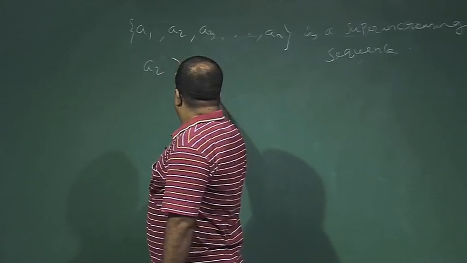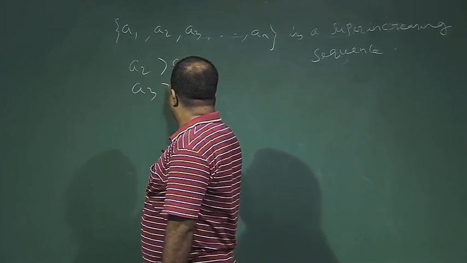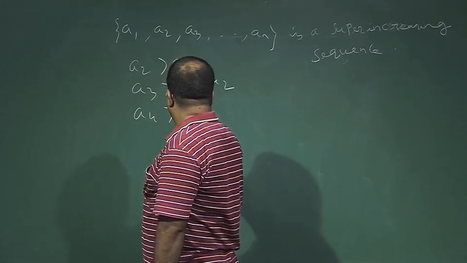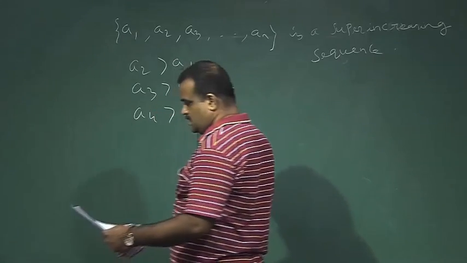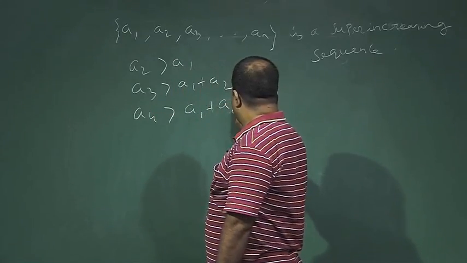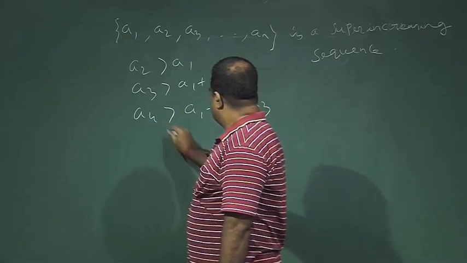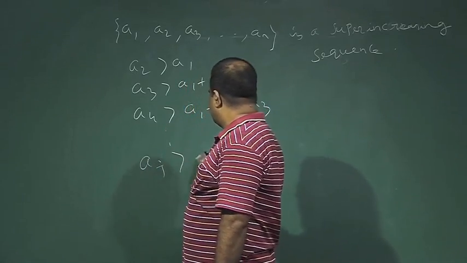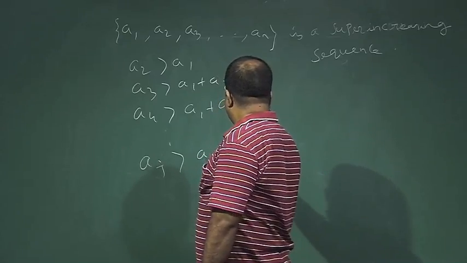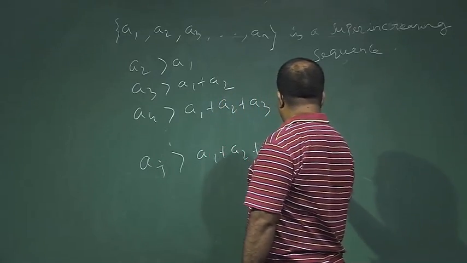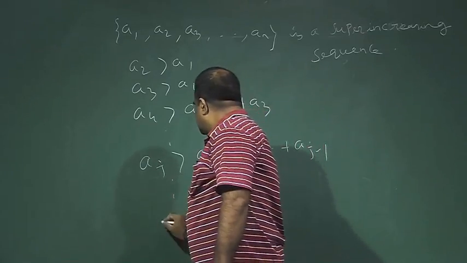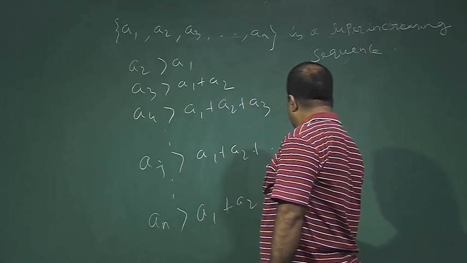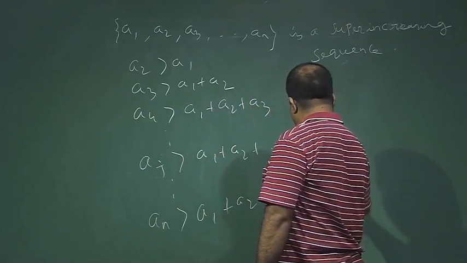Super increasing means A2 must be greater than A1, A3 must be greater than A1 plus A2, A4 must be greater than A1 plus A2 plus A3, this way. So AJ must be greater than A1 plus A2 up to AJ minus 1. AN must be greater than A1 plus A2 up to AN minus 1.